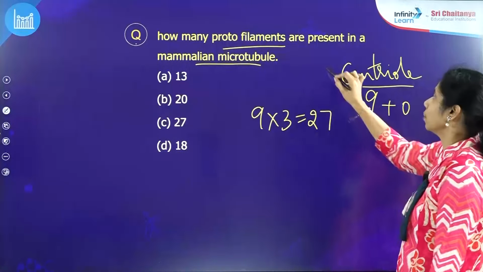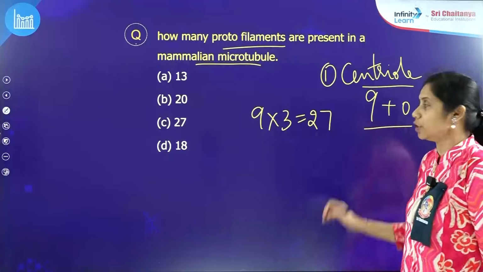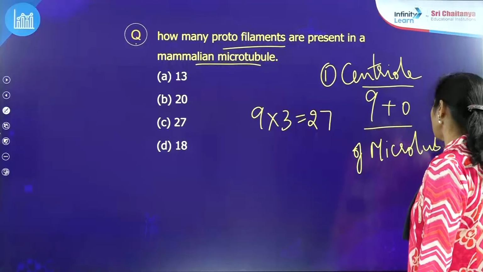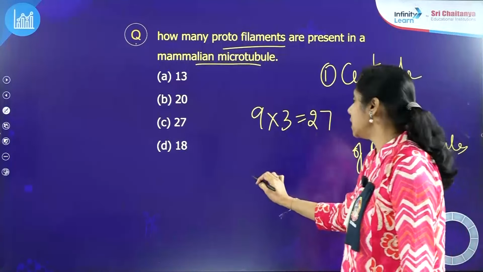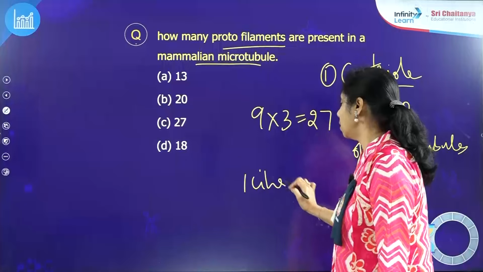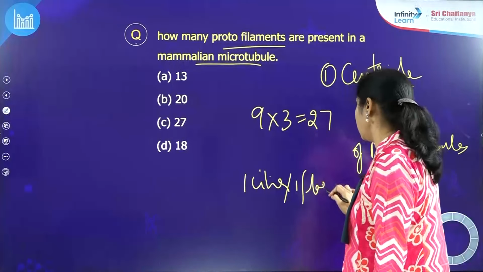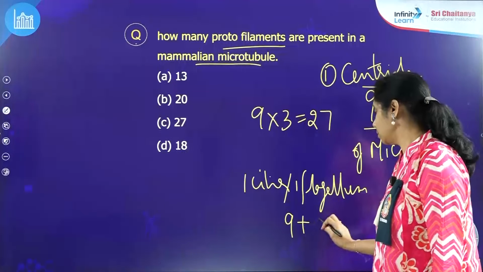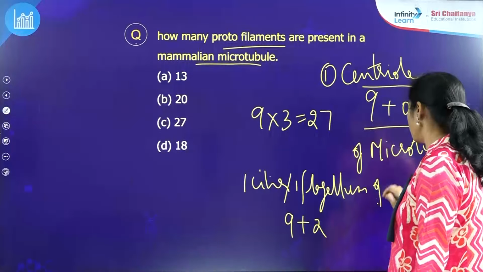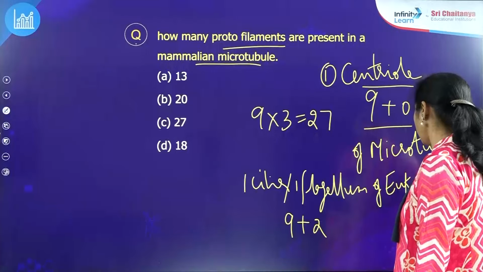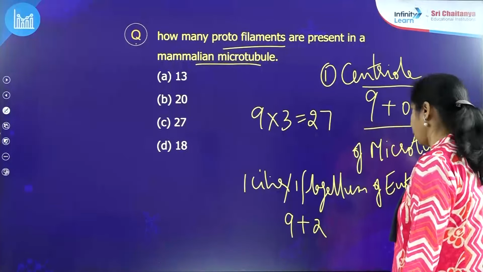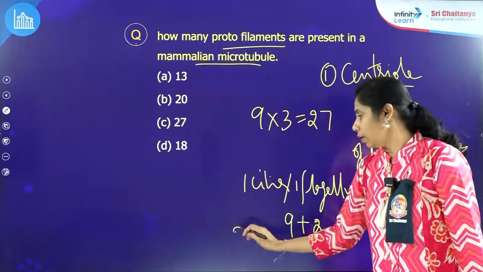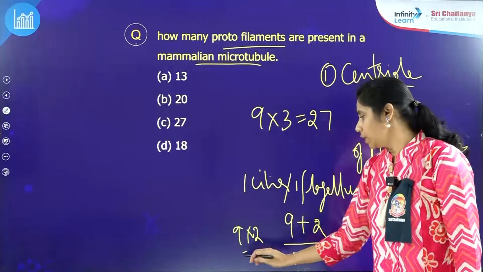In cilia and flagella of eukaryotes, we are talking about eukaryotes only, a 9+2 arrangement of microtubules will be there, where the 9 microtubules will be doublets.